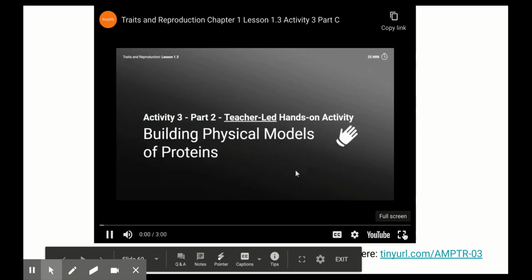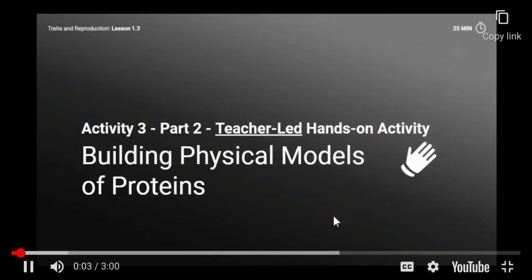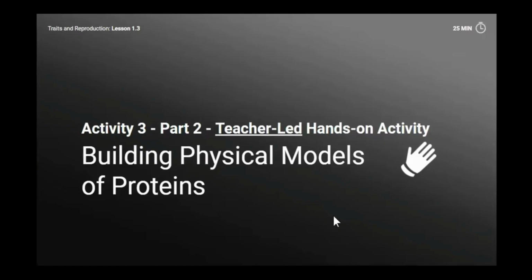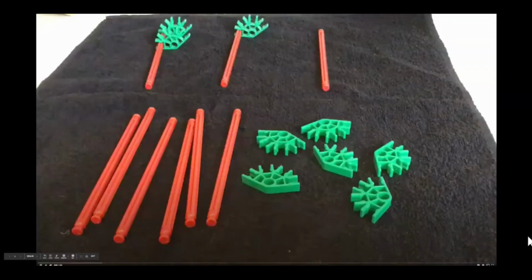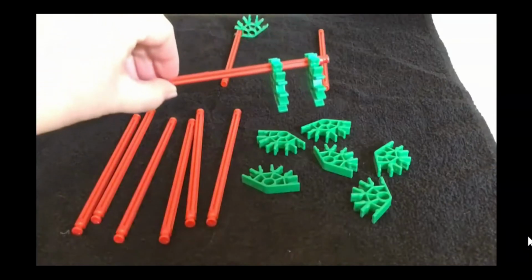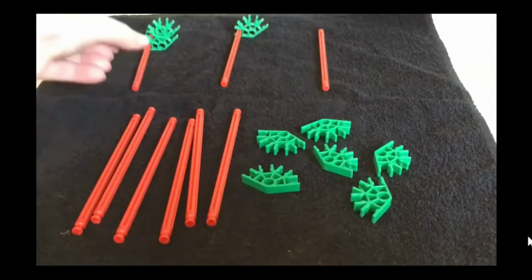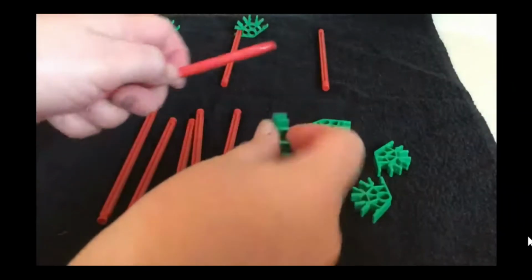In this video, you will observe the hands-on activity from activity 3 called Building Physical Models of Proteins from Traits and Reproduction, lesson 1.3. In this first part, you will observe the teacher building the example protein molecules from the 3 models.